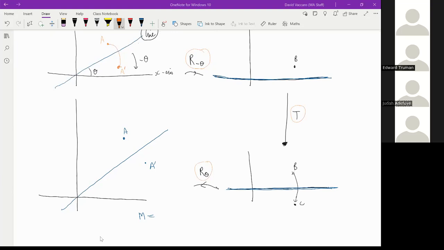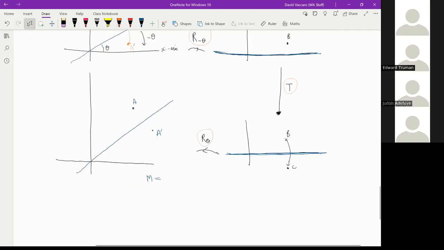So what I'm trying to get people to put in the chat is what this transformation is, and there's an elephant trap that is natural to fall into. Okay, we've got three transformations: R negative theta, T, R theta.